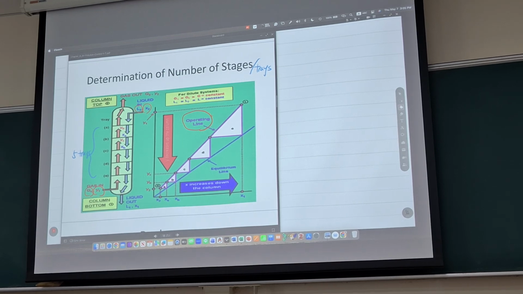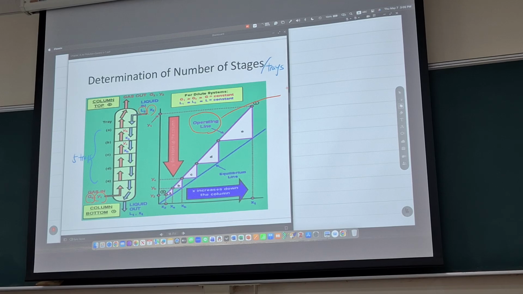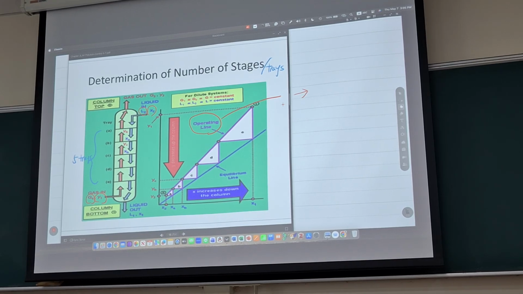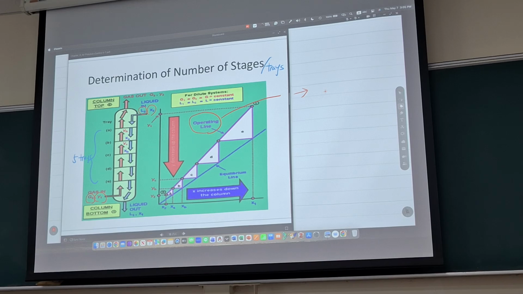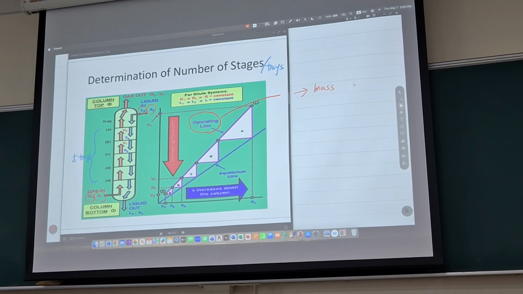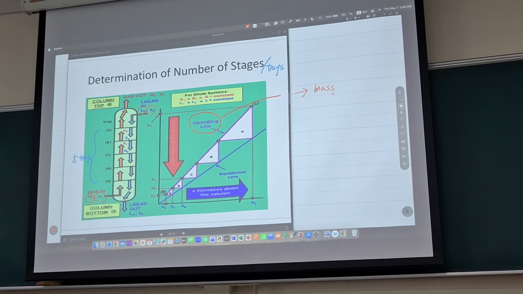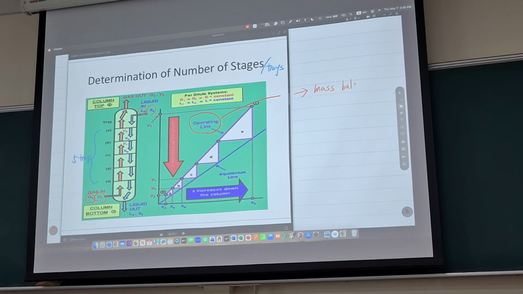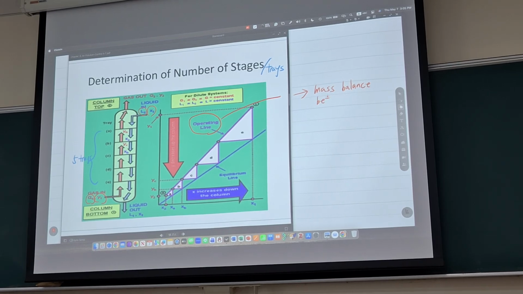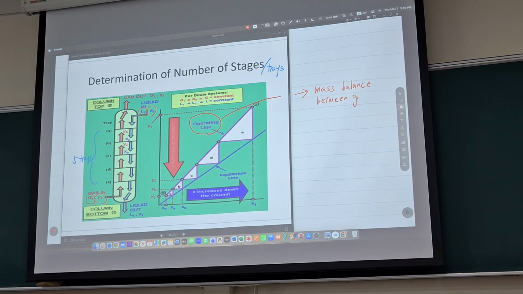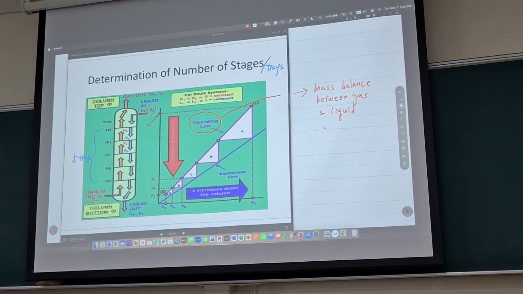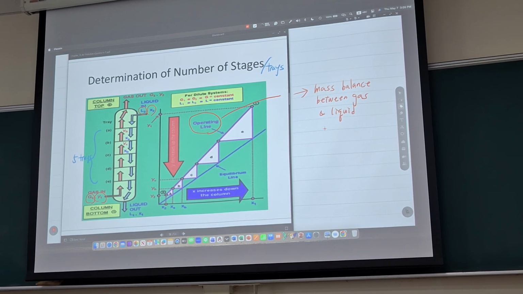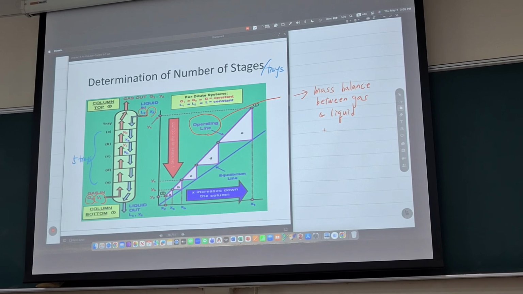Okay, what does operating line mean? The operating line means the mass balance. These operating lines represent the mass balance between gas and liquid. Okay?